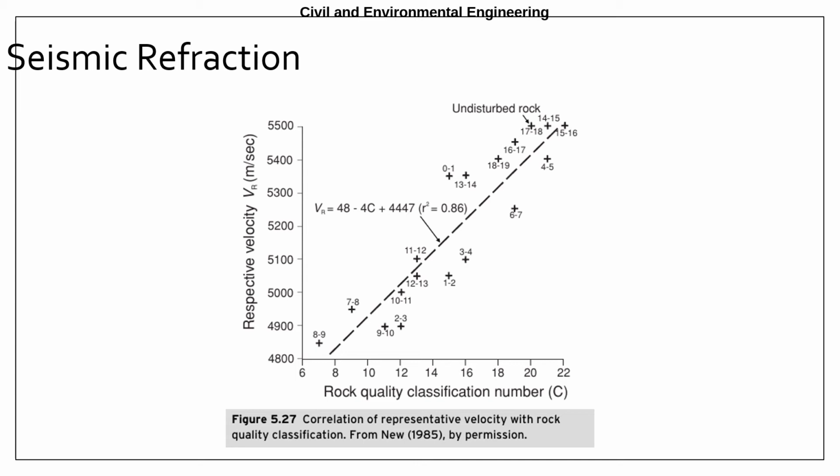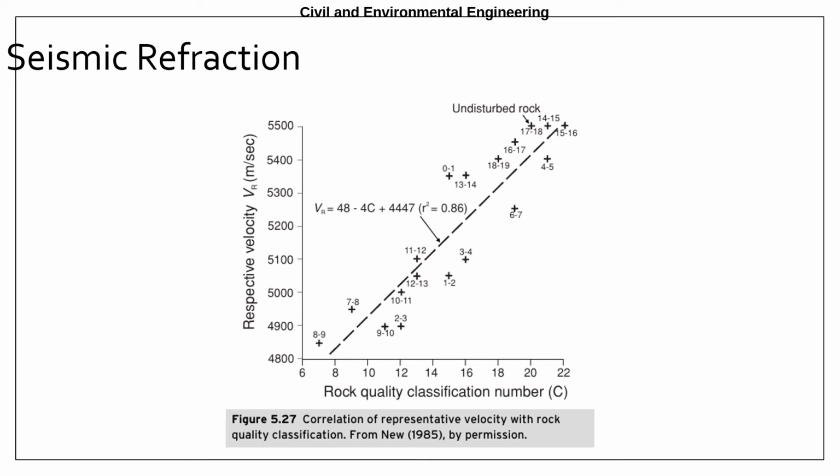We will be discussing that later in this course. But for now, just accept that seismic refraction is good for measuring engineering properties, while seismic reflection is good for imaging the patterns of the subsurface.